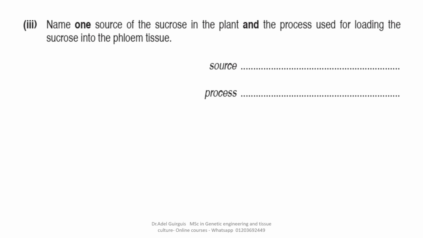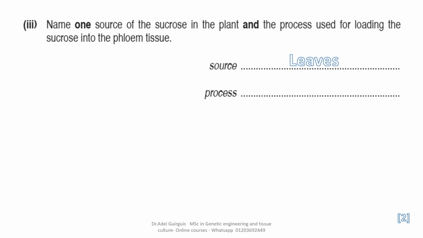Growing, mature leaves act as a source. Okay, leaves. Also tubers of potatoes, for example. Here we can write leaves, which act as a source of sucrose due to photosynthesis, and it is translocated through phloem tissue, sieve tube elements or cells.